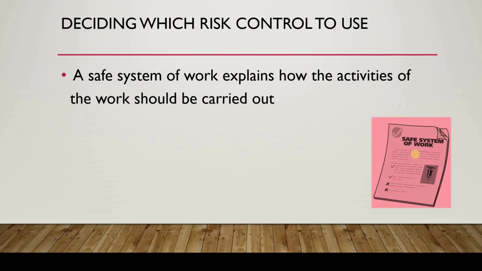Then we have a safe system of work. A safe system of work explains how the activities of the work should be carried out. Basically, a safe system of work is a document in which we explain and define how each and every work in the safety management system will be carried out. We basically identify each and every step of a work that the worker will implement.